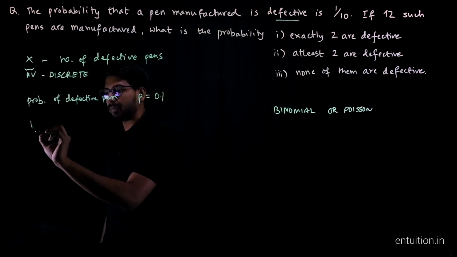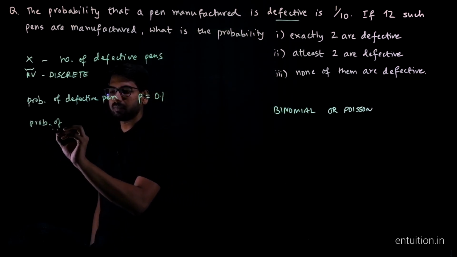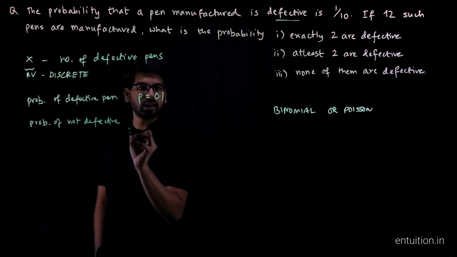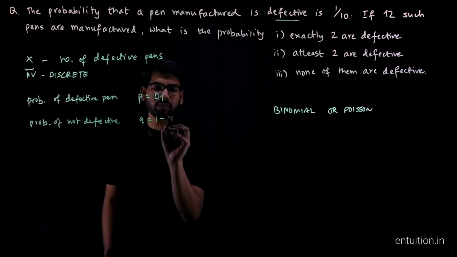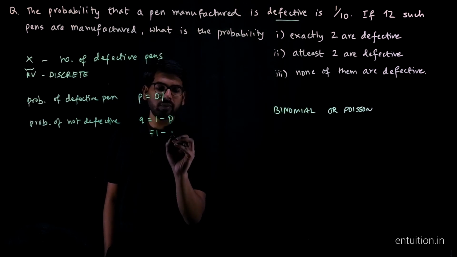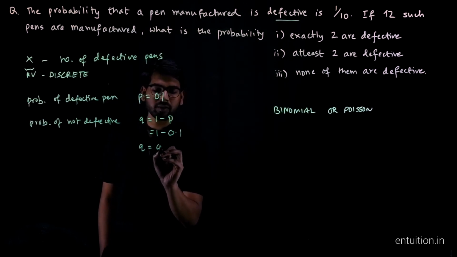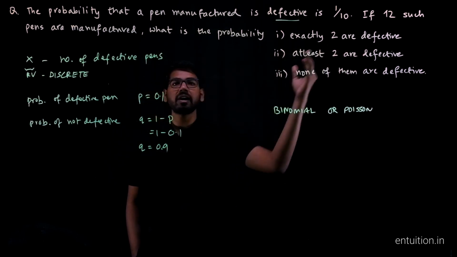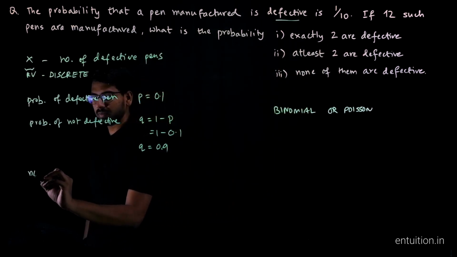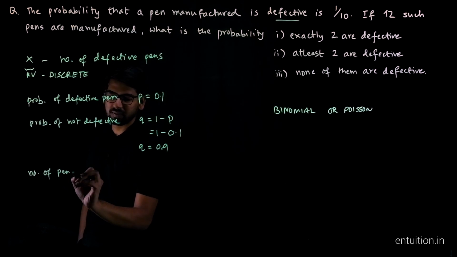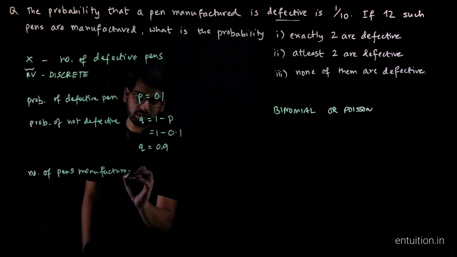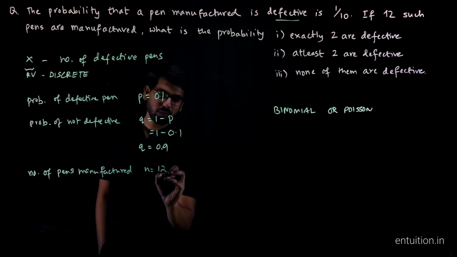The probability of not defective, or probability of failure, is q. q is 1 minus p, or 1 minus 0.1, so q is 0.9. And how many pens are manufactured? The number of pens manufactured is n equal to 12.